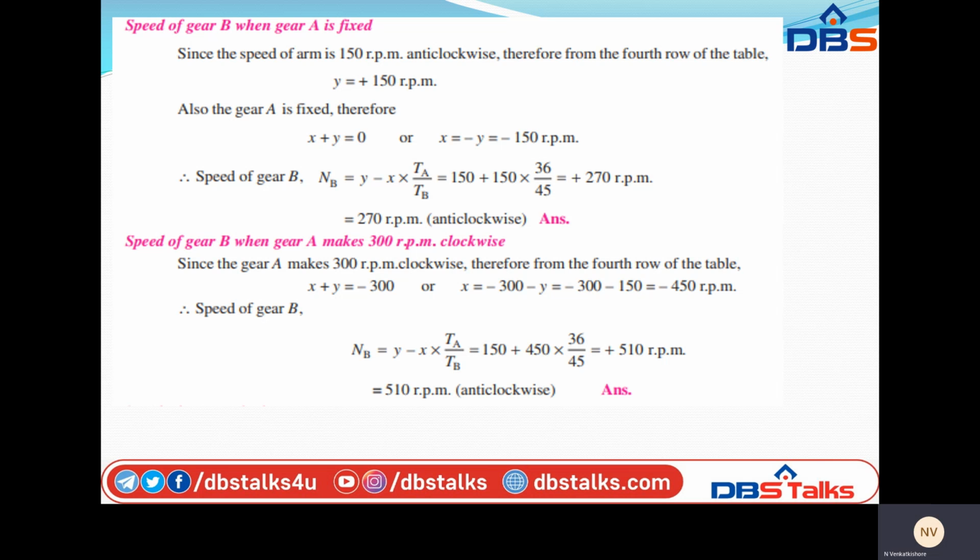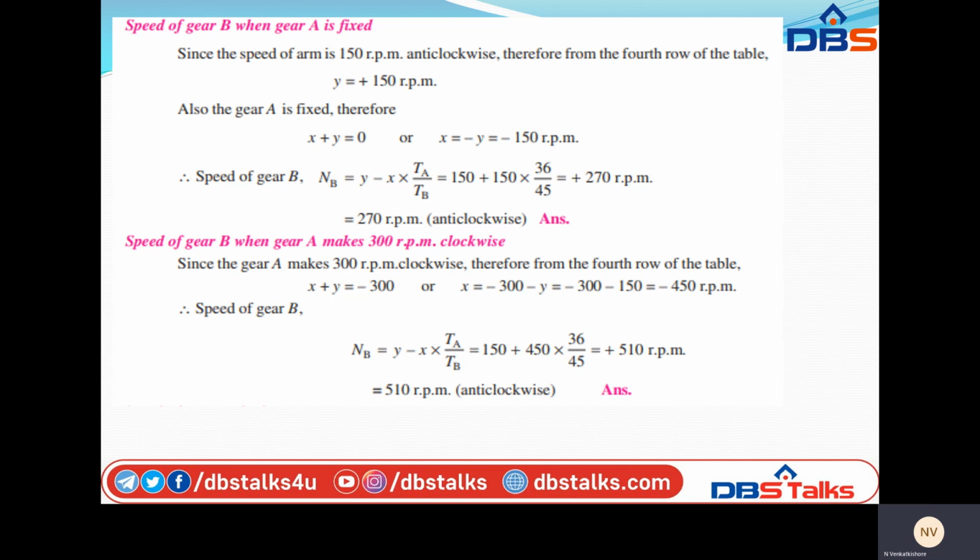So arm C is having 150 rpm, that is already given in the table. So y is equal to plus 150 rpm. Then what about the gear A? Gear A is already fixed. So x plus y is equal to fixed means no movement, that is 0. So x plus y is equal to 0.